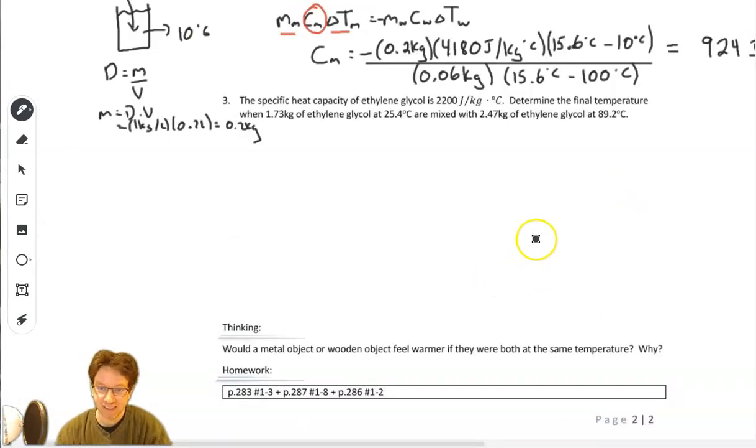So our last question says the specific heat capacity of ethylene glycol is 2,200 joules per kilogram degrees Celsius. See, still not even close to water. Determine the final temperature when 1.73 kilograms of ethylene glycol at 25.4 degrees is mixed with 2.47 kilograms of the same substance at 89.2 degrees.